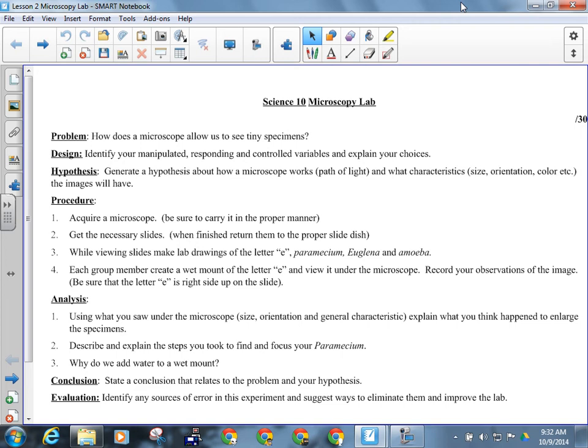We're also going to be looking at an amoeba, a paramecium, and a euglena. All three of those are protists, single-celled eukaryotic organisms. Eukaryotic organisms are organisms like ourselves. Their cells have internal structures called organelles, so they have a nucleus and they have mitochondria and all those kind of things.